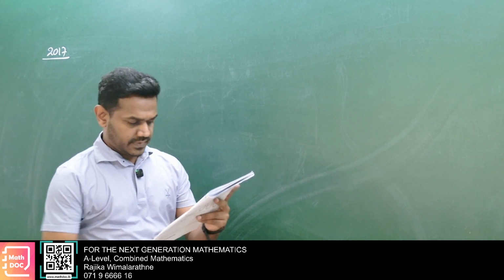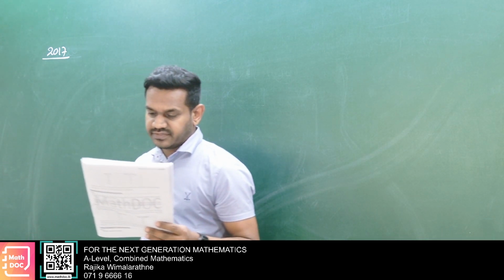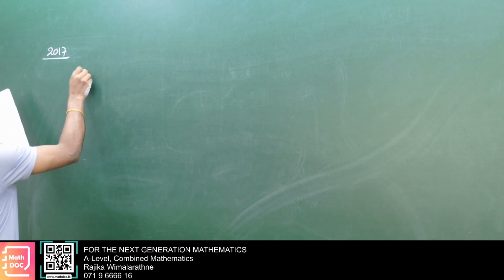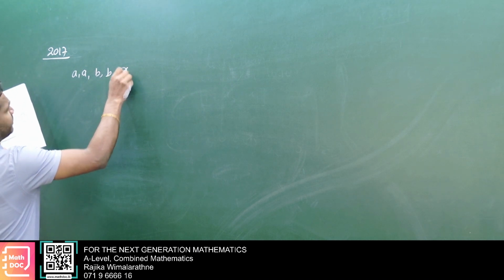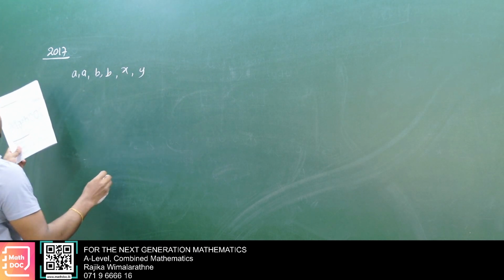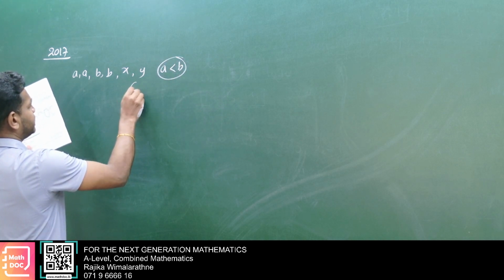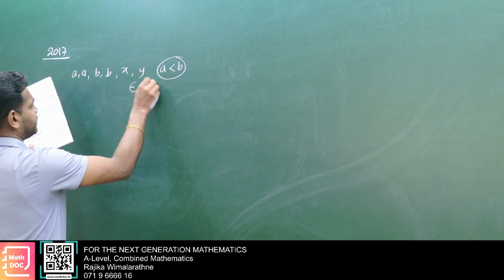The values of 6 observations are A, B, B, X and Y, where A, B, X are distinct positive integers, A less than B. Here A, B, B, X and Y. Then A less than B. So they are positive integers.